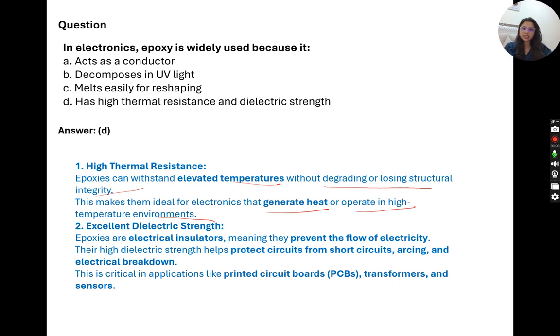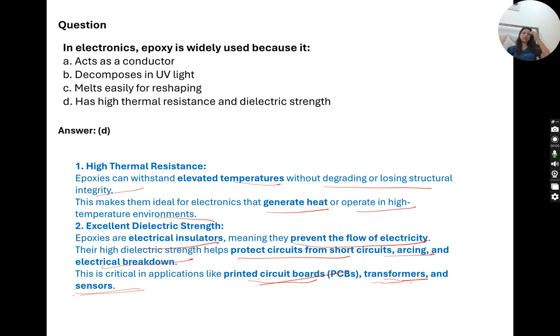And another one is excellent dielectric strength. Epoxies are electrical insulators, meaning they prevent the flow of electricity. Their high dielectric strength helps protect circuits from short circuit, arcing, and electrical breakdown. This is critical in applications like printed circuit boards, transformers, and sensors.